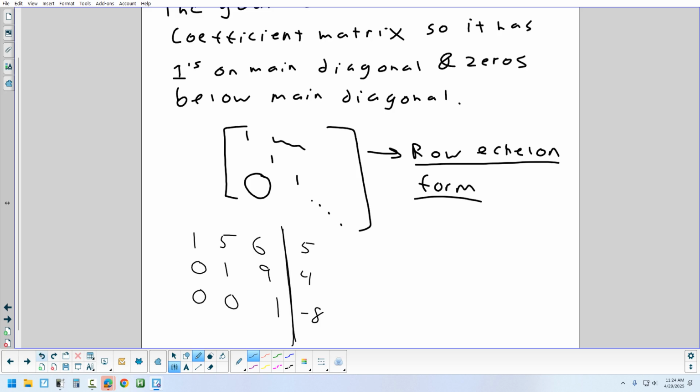So what's in these spots? I don't really care. Whatever happens, happens. All that I care about is that we get ones on the main diagonal and zeros everywhere underneath it. And to do that, you have to follow a certain order. I'm going to show you the order of things that you have to do.